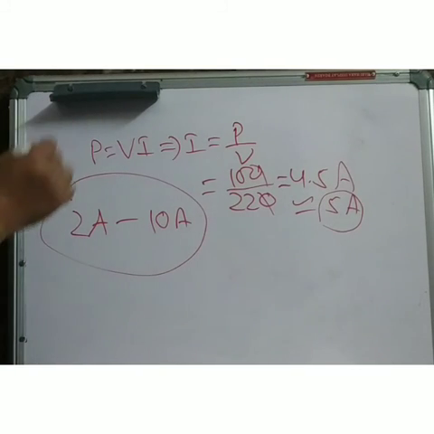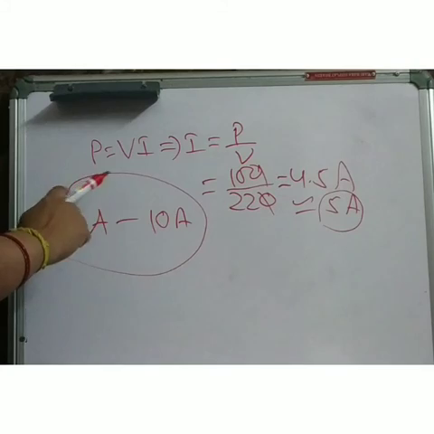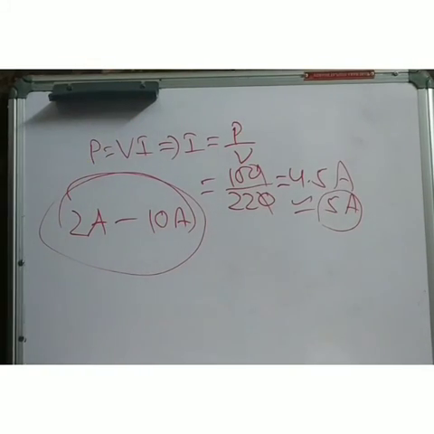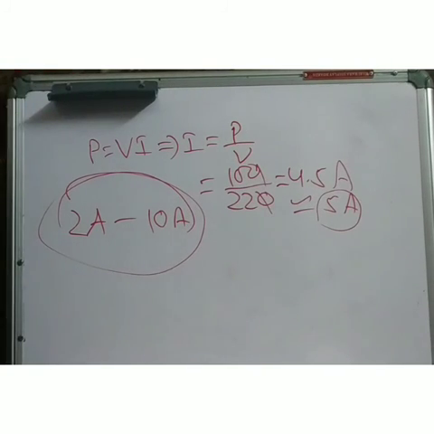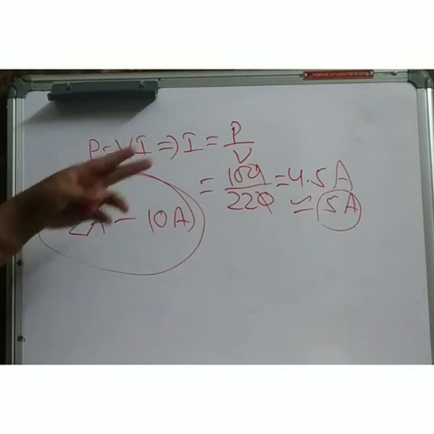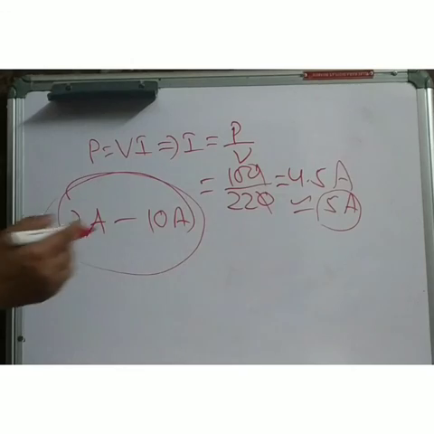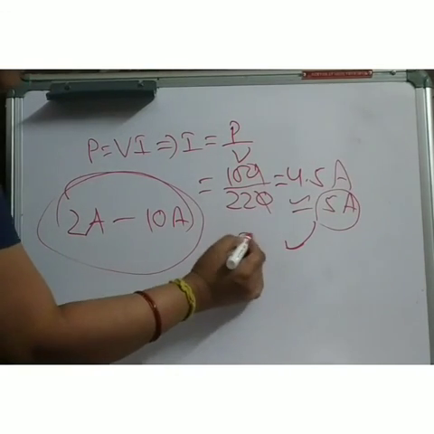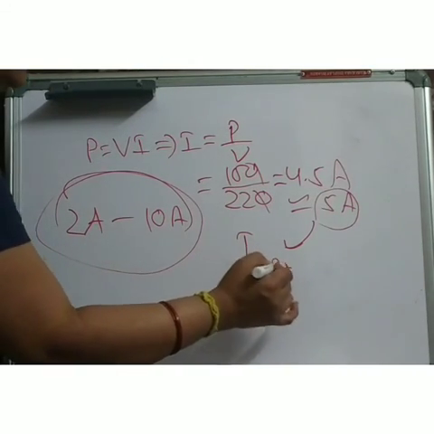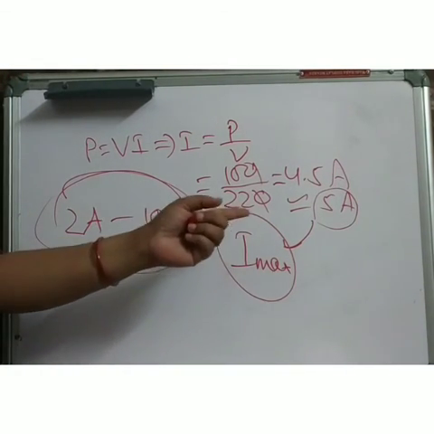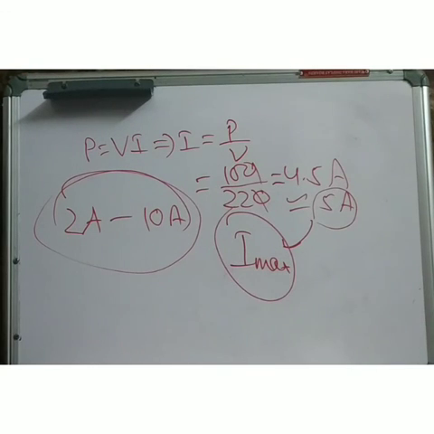More than that is not required in our houses. If current is more than 10 ampere, that fuse will go out, so it can save your appliance. So we get two pieces of information from the power rating: one is the resistance, and the second is I max, the maximum current this bulb can withstand, otherwise the filament will melt.